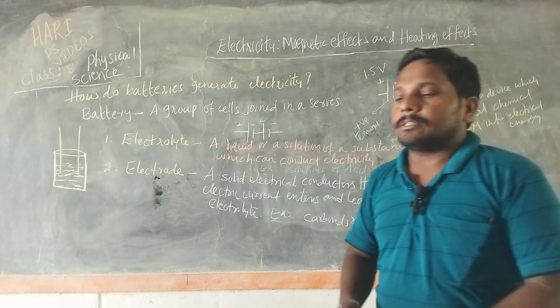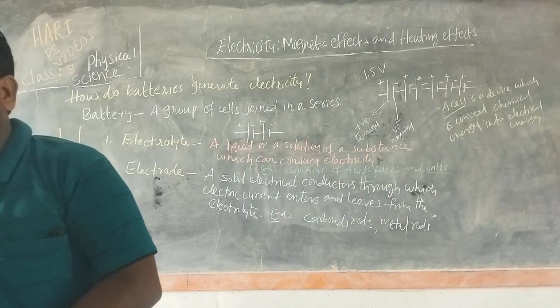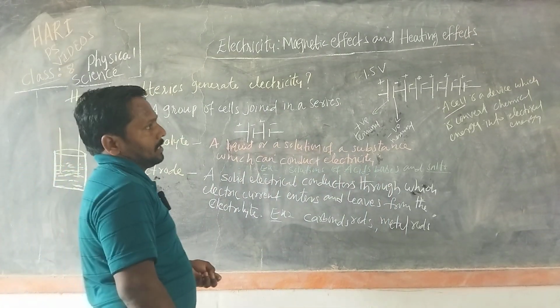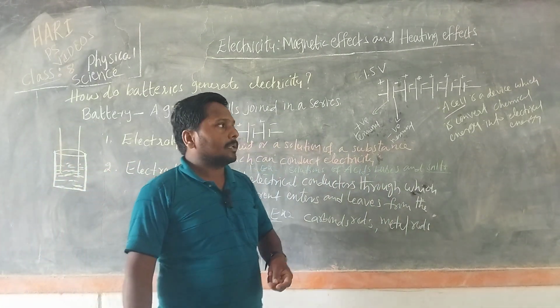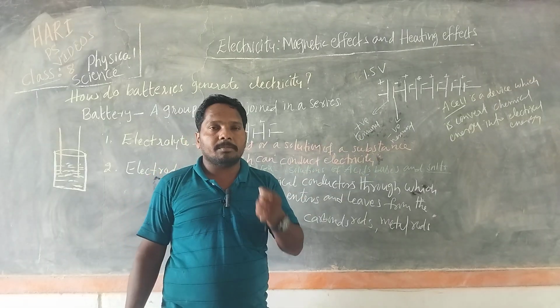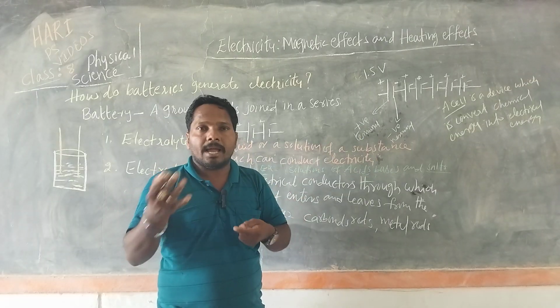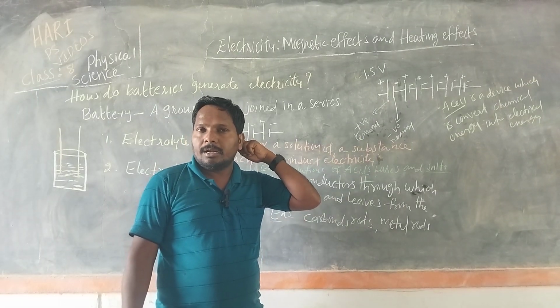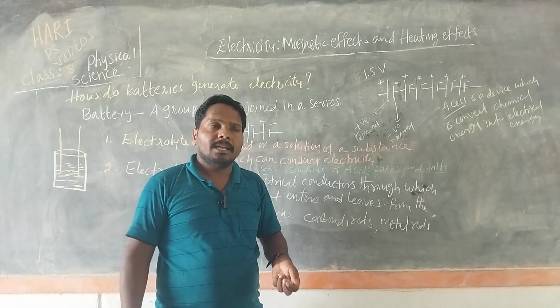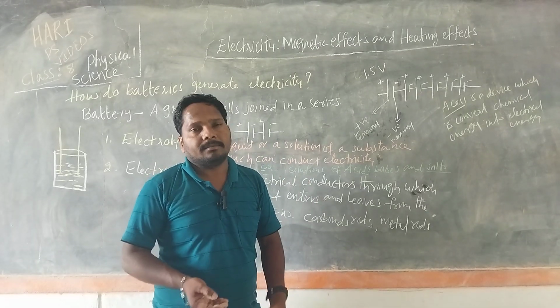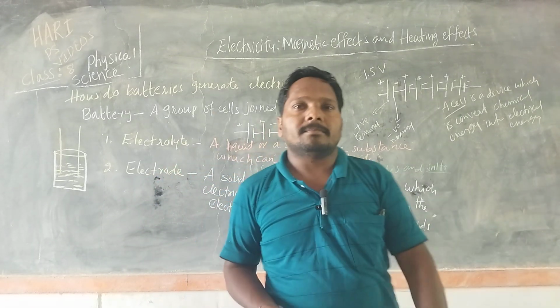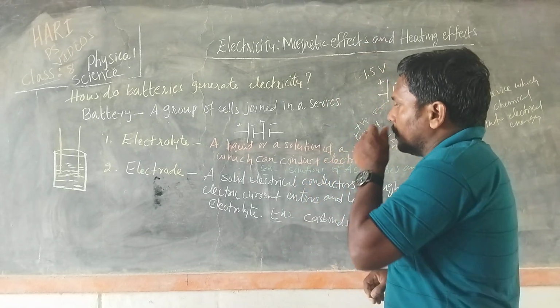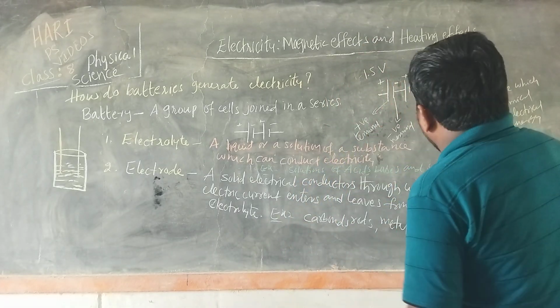So that's why sometimes these are also called an electrochemical cell. In that cell, some chemical reactions happen. Due to that chemical reaction, electricity is generated. Right?